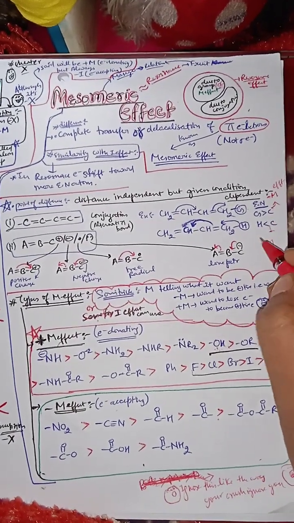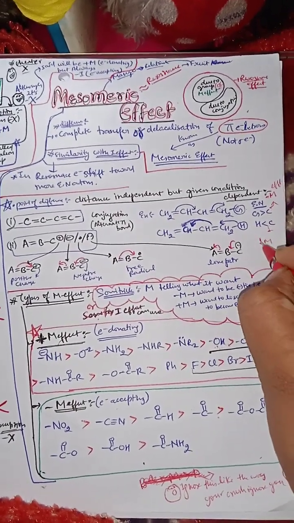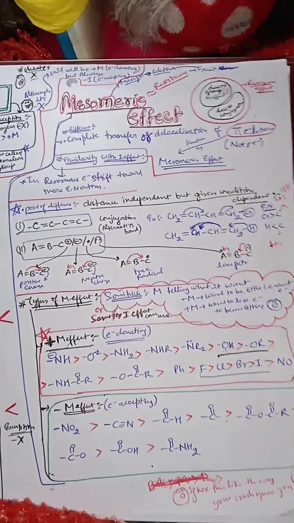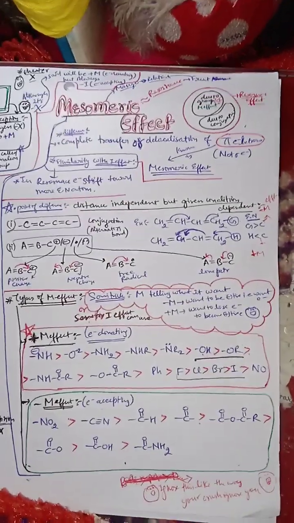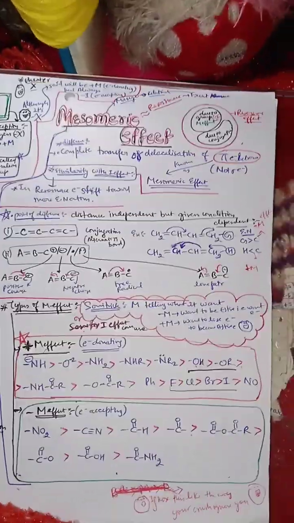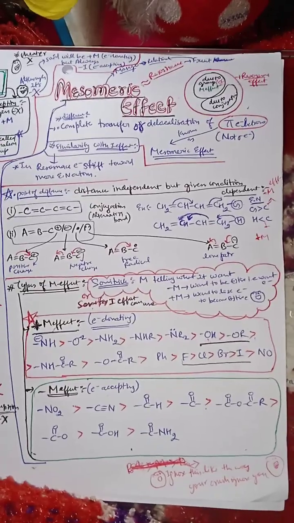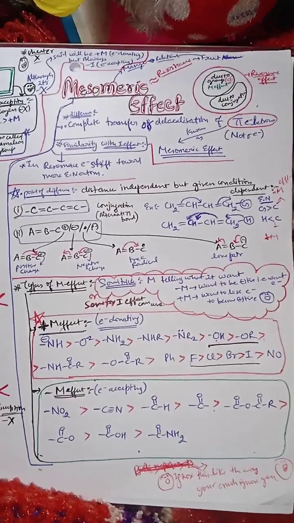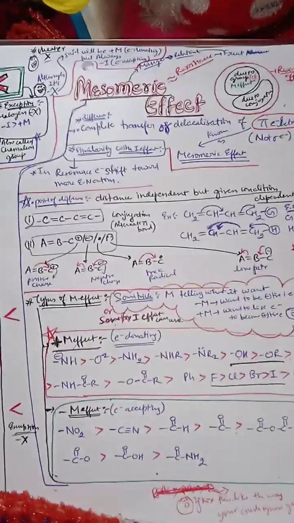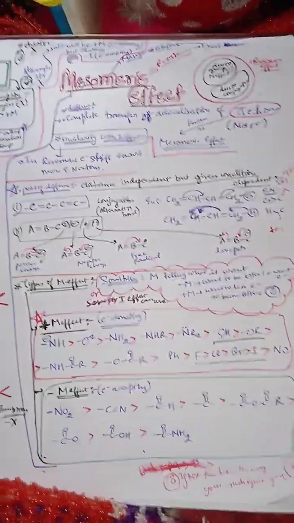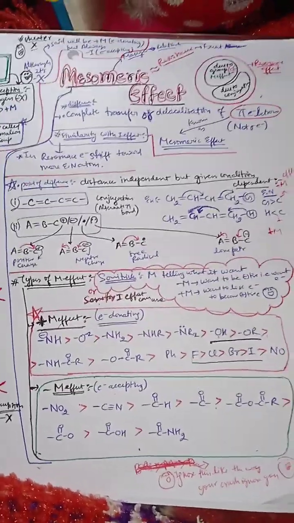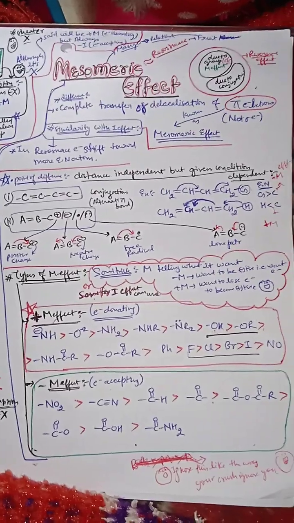This is just like plus I, as we have already learned. M is telling what it wants. M wanting to be negative means it will take electron from the carbon chain. M positive means it will give the electron to the carbon chain and become positive itself. You can learn it like that.